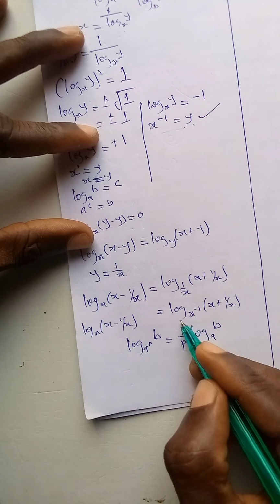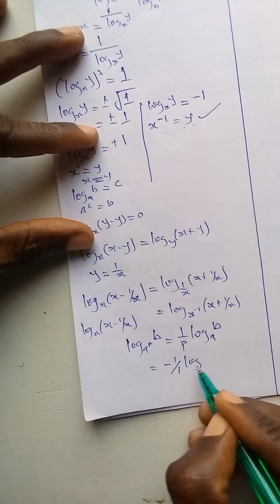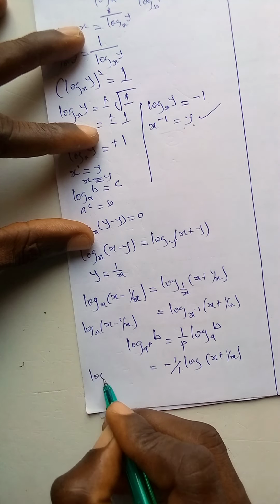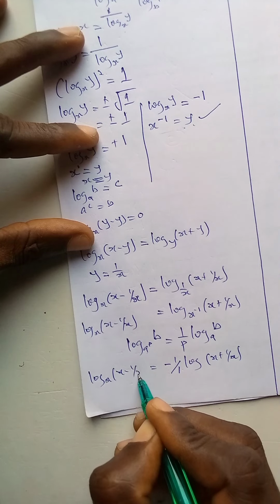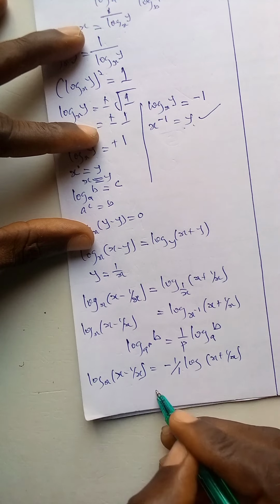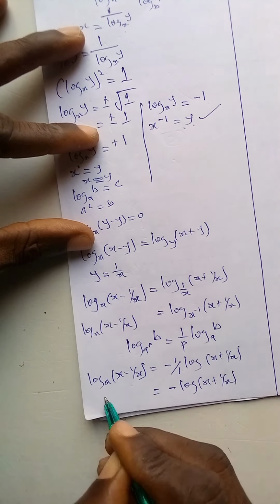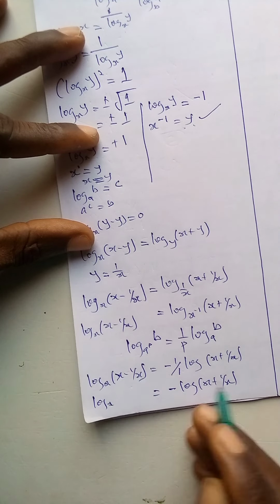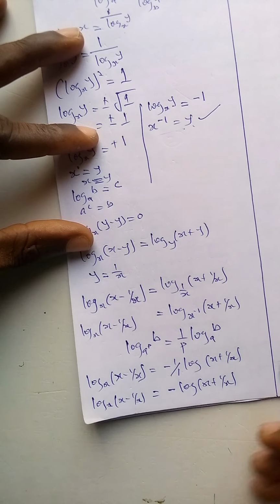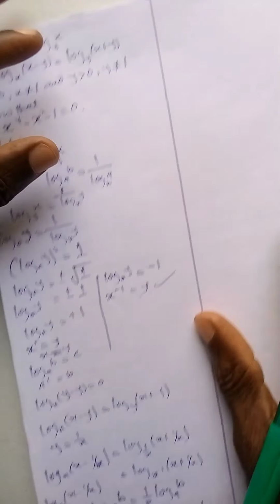Instead of writing this, I will write minus 1 over 1 log to base x plus 1 over x, which is log to base x minus 1 over x. Of course, 1 over 1 is 1. So I have minus log to base x plus 1 over x equals log to base x of x minus 1 over x. Now I will bring this side of the equation to the other side of the equation.